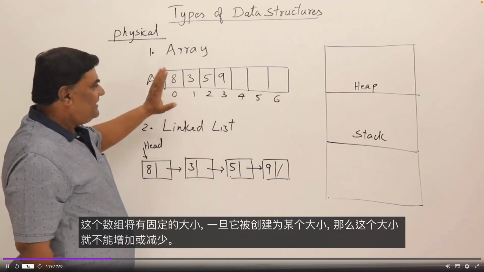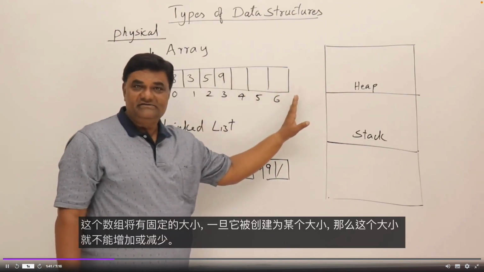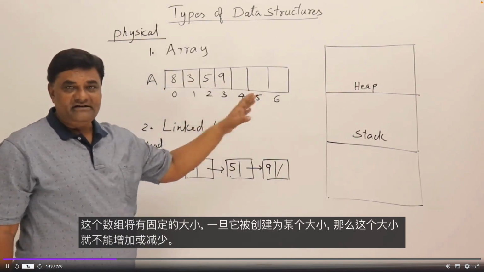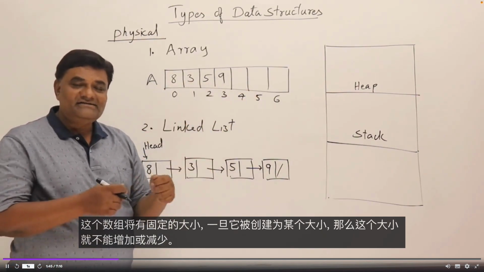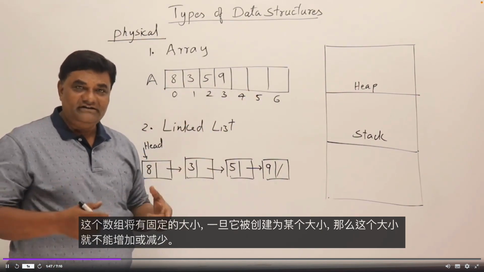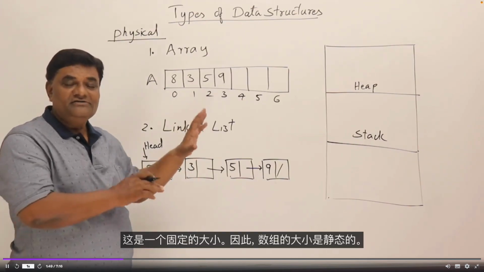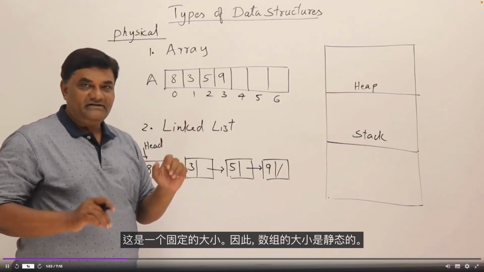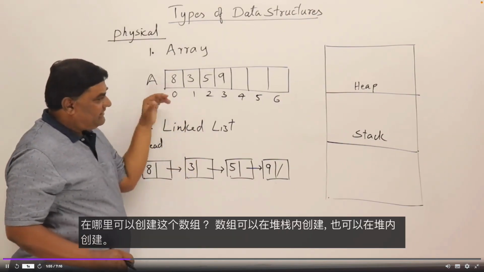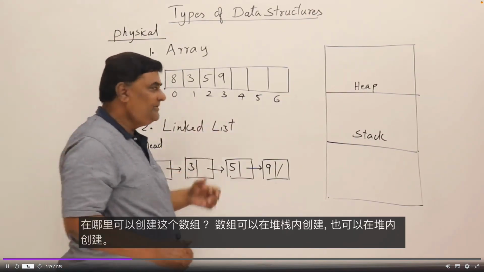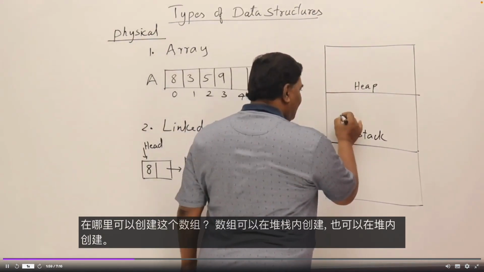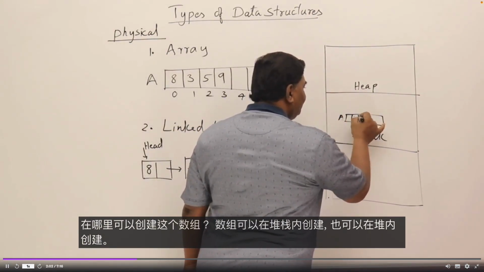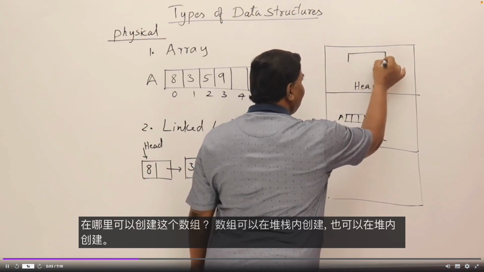This array will have a fixed size. Once it is created of some size, that size cannot be increased or decreased. So the size of an array is static. Where can this array be created? An array can be created either inside the stack or inside the heap.